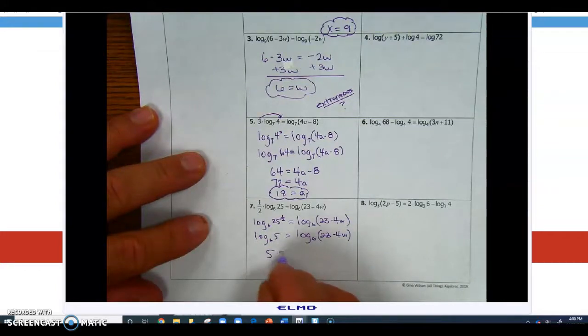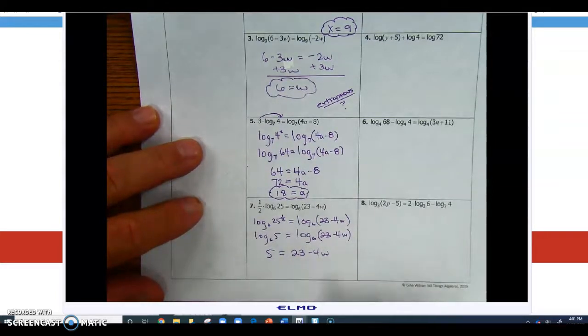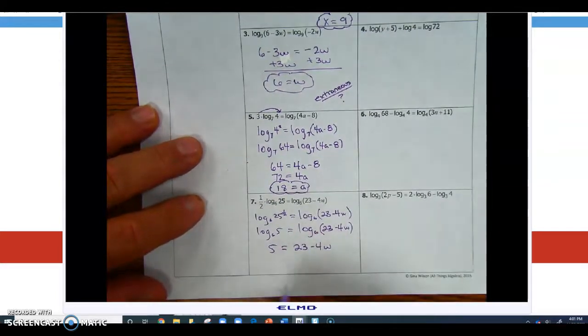So 5 is equal to 23 minus 4w. Again, I'm going to do a little mental math here. Subtract 23 from both sides, and you get negative 18 equals negative 4w. Divide by negative 4. W equals 4.5.